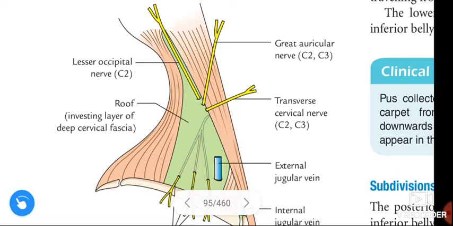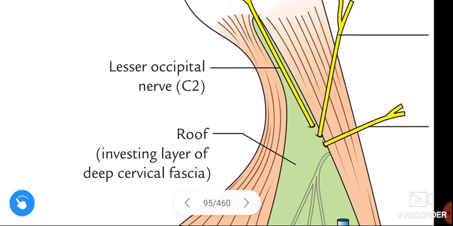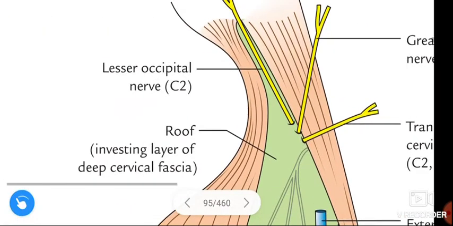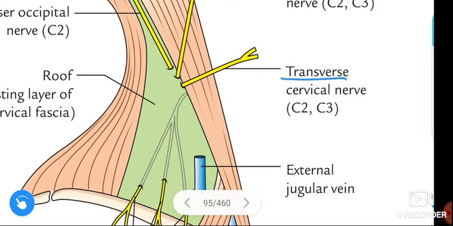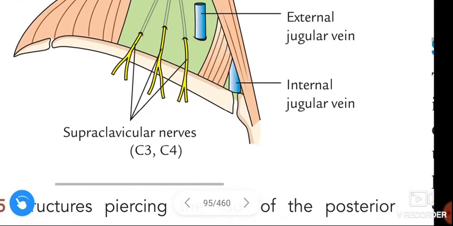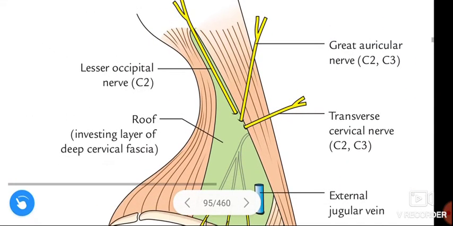The nerves piercing the roof of the posterior triangle are, one by one, lesser occipital nerve, greater auricular nerve, transverse cervical, and supraclavicular nerves. These are the nerves that pierce the deep cervical fascia near the posterior border of the sternocleidomastoid muscle.